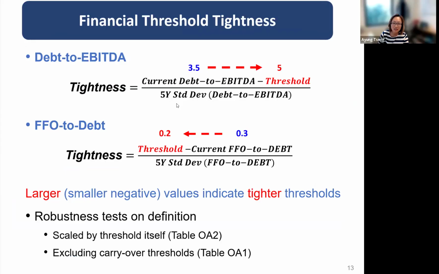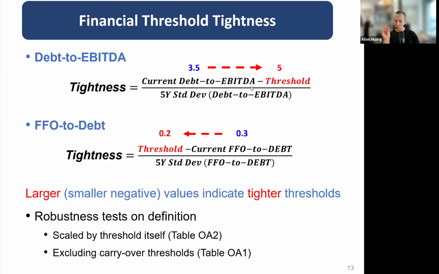Okay, because the tightness has two components: the issuer itself contributes to the tightness, and then also the threshold set by S&P. That's right. But the threshold is only set by S&P, right? And then I think that's why Tomomi was asking whether S&P peeks ahead at the issuer's ratio when they set or modify the threshold.